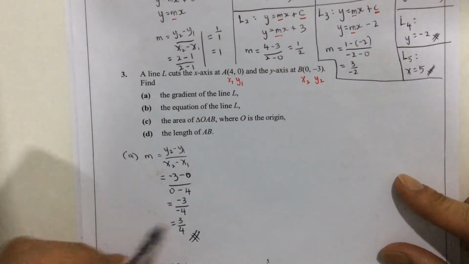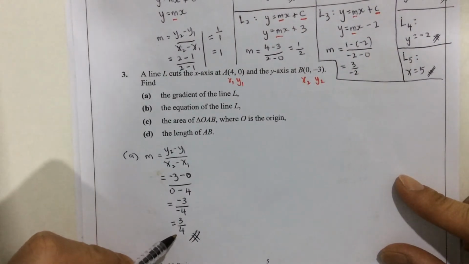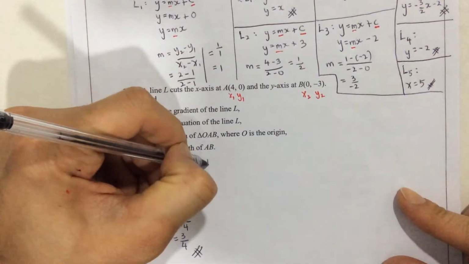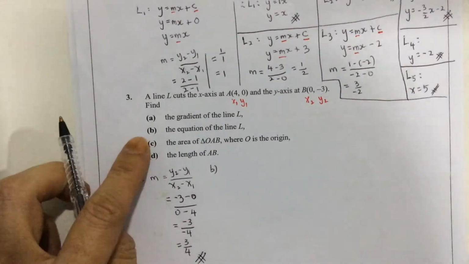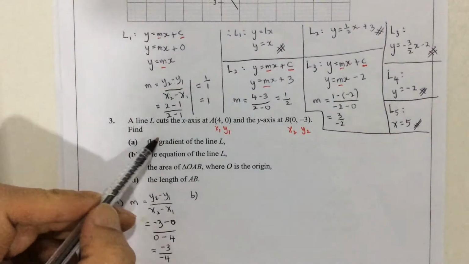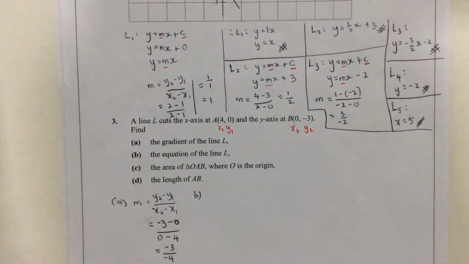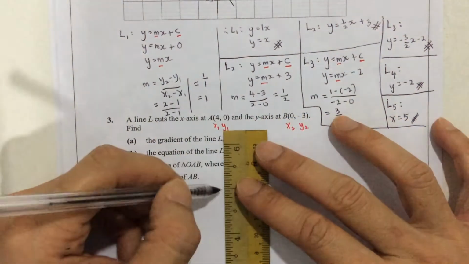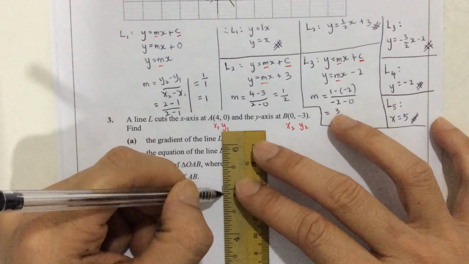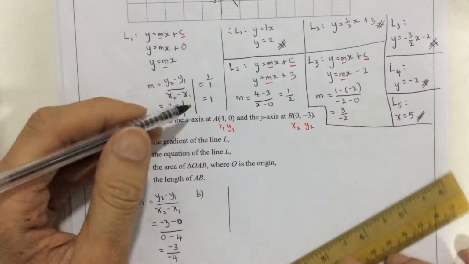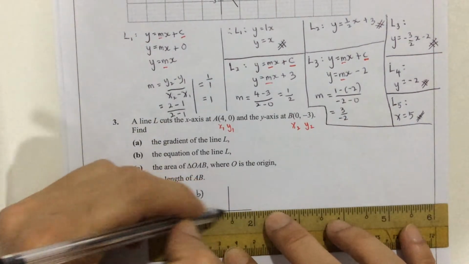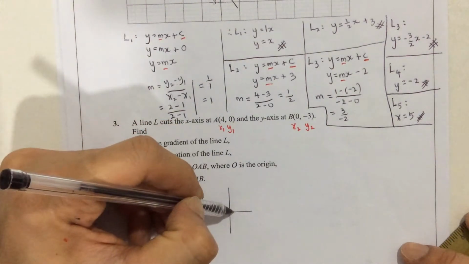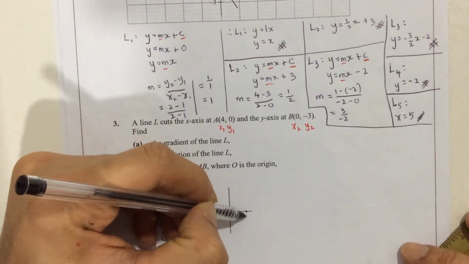Okay, next, once we have the value of the gradient of the line, we can actually get the equation of the line. If we do a rough sketch, if I have the point 4, 0, it should be 1, 2, 3, 4, somewhere here, 4.